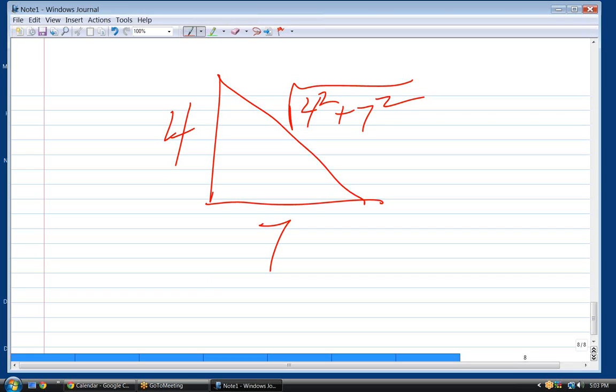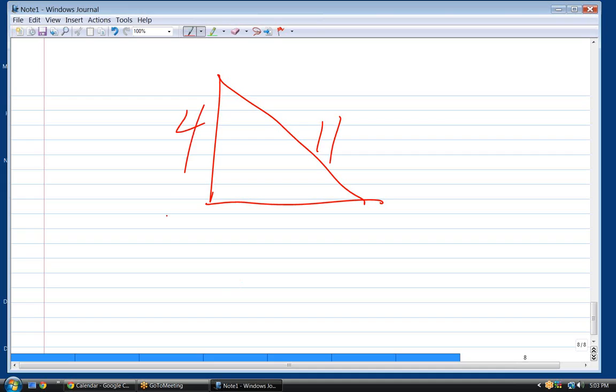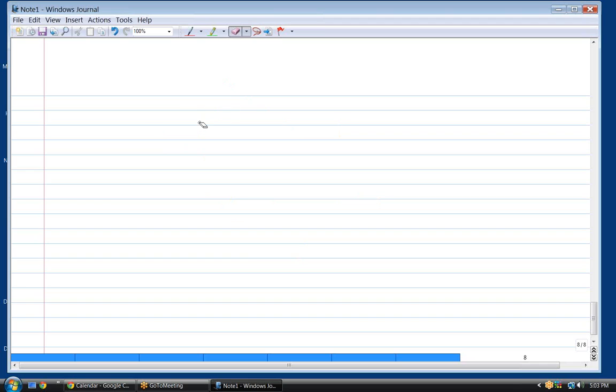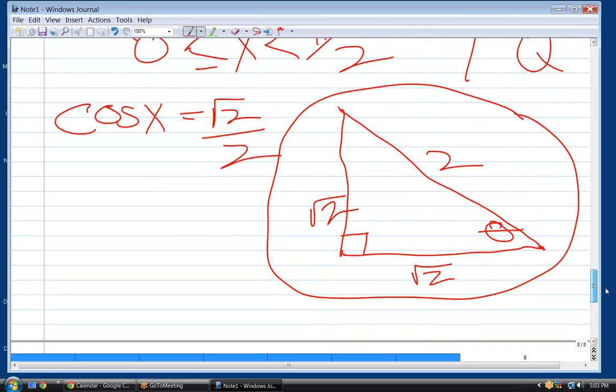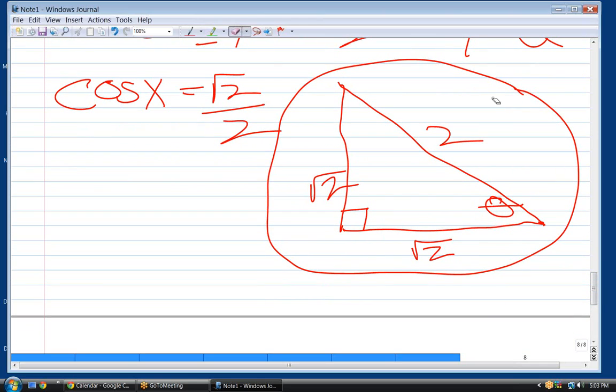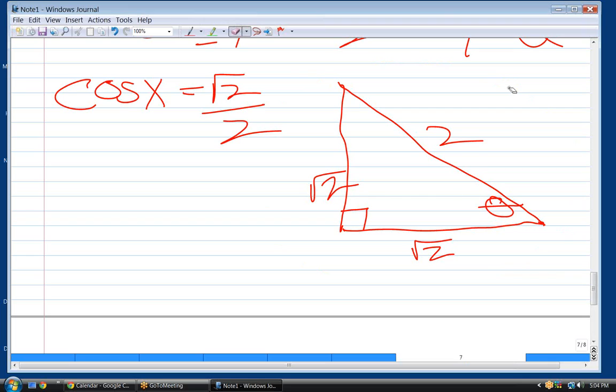Now, if I had a hypotenuse and that side there, this side starts out as square root of the hypotenuse squared minus the other side squared, always. Those are the only two situations you can have. It's quicker, and if you memorize it, you save a lot of time from having to write the Pythagorean theorem, take the square root of both sides, and solve it.